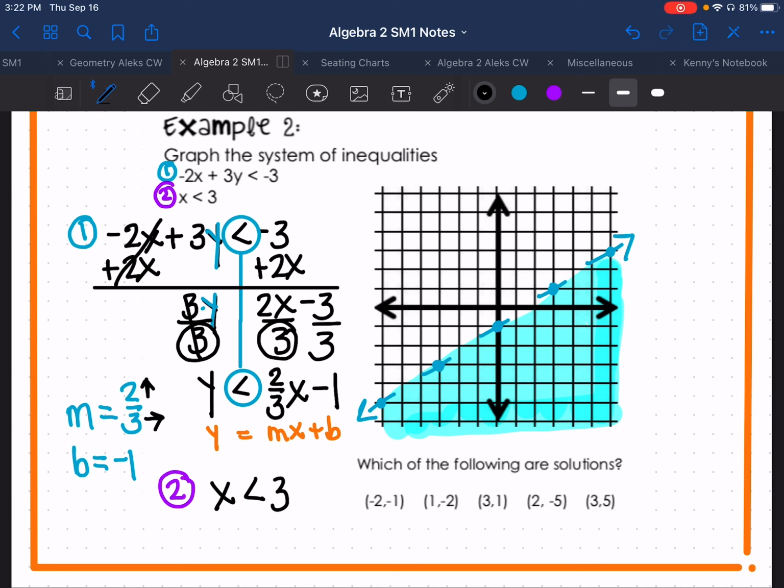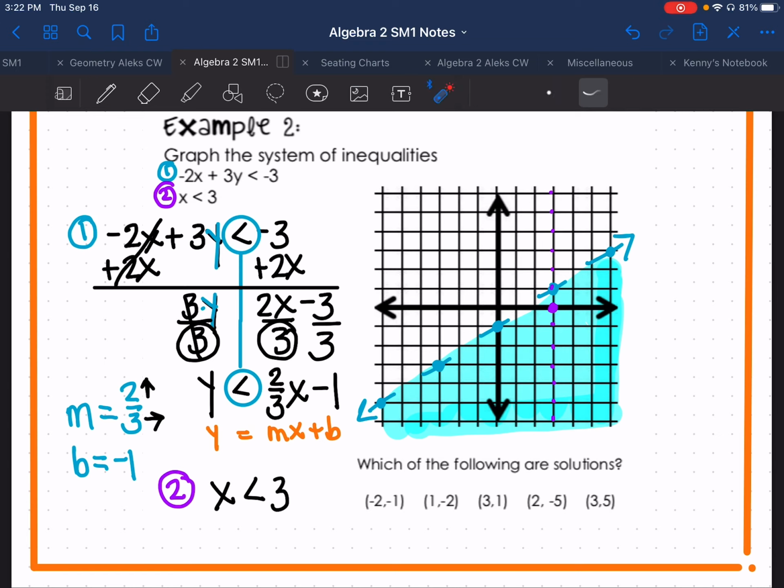So I go to x equals 3, 1, 2, 3, and I'm just going to basically have a point everywhere up 3 and down 3 on the y-axis. All my x's are 3.